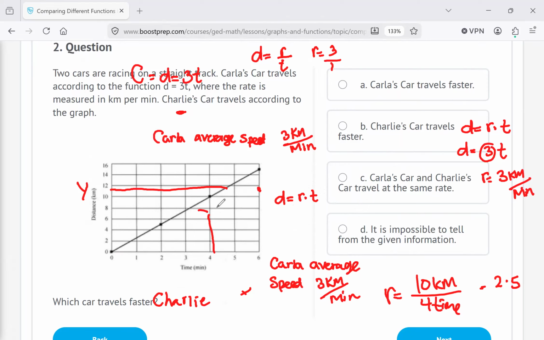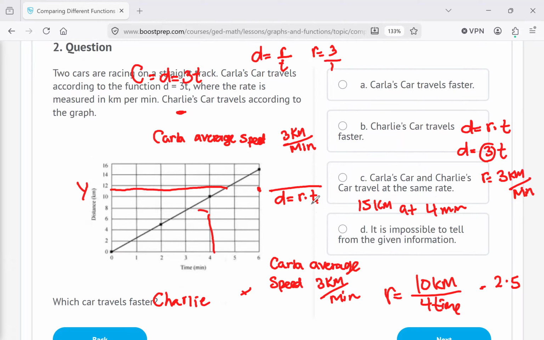If you do 15 kilometers, at 15 kilometers it would be at a time of 4 minutes. So if you plug that value back into this, or you could solve for r.